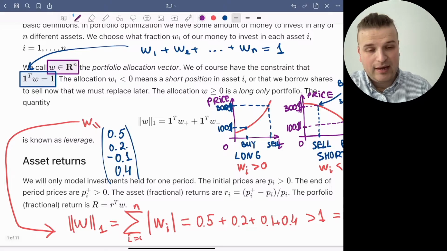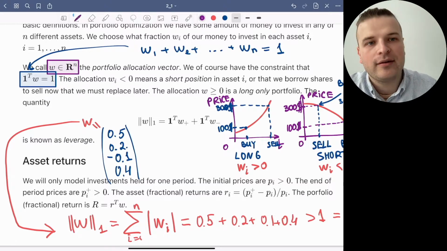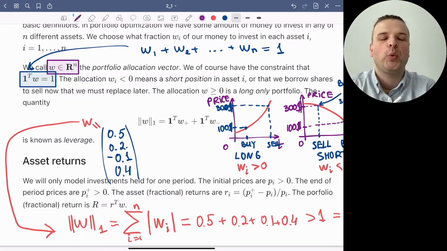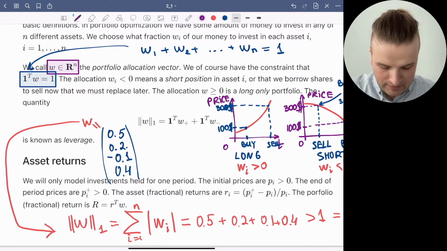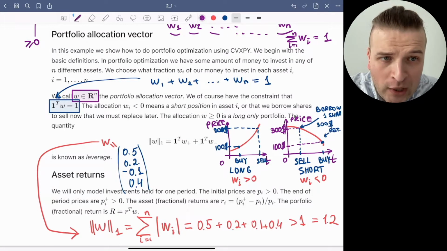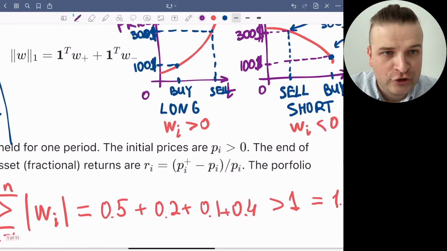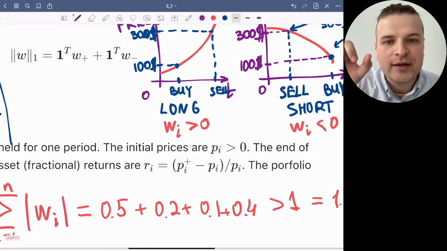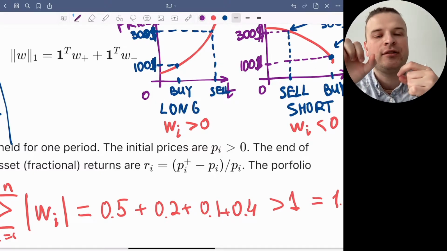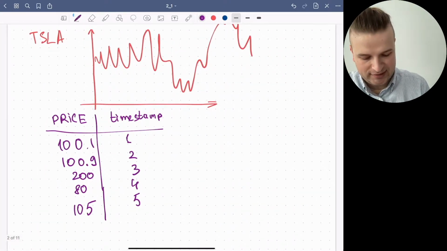And at the end of the period, and typically we are considering this day period, we have the final price, right? And we can calculate the fractional return value, which is nothing else but the fraction of difference in price related to the initial price, which literally means the following.